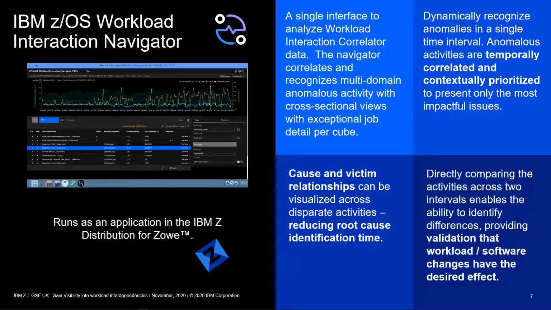What this lets us do is identify those cause and victim relationships. So if we have something running within CICS, and we see an increase in response times, our monitors might say, hey, we're seeing a problem within CICS.